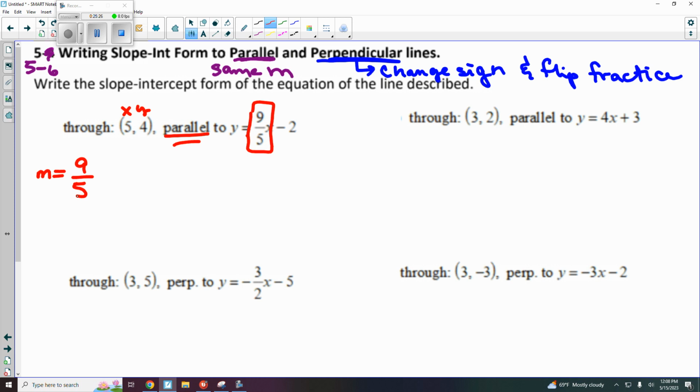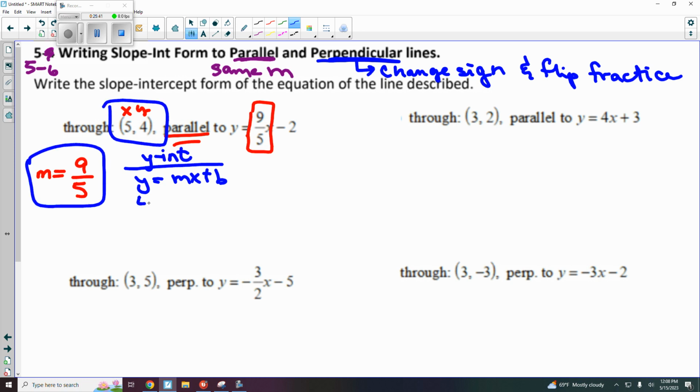And now this next part's the same thing we've been doing. It's the 5th time we're going to do it for our y-intercept. We take our y-intercept, we use our y equals mx plus b, plug in our ordered pair and our slope into our formula and solve for b. So y is 4 equals m is 9/5 times x is 5 plus b. 9/5 times 5 is 9, so 4 equals 9 plus b.